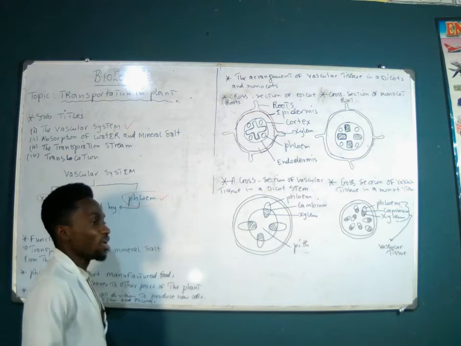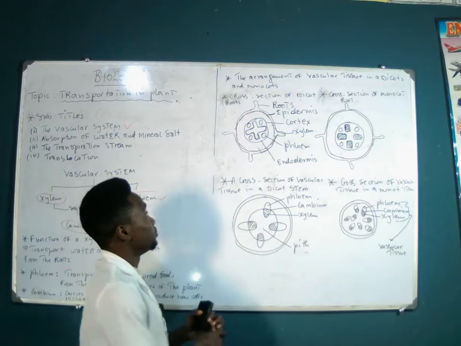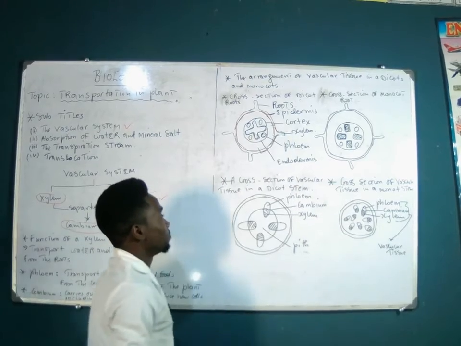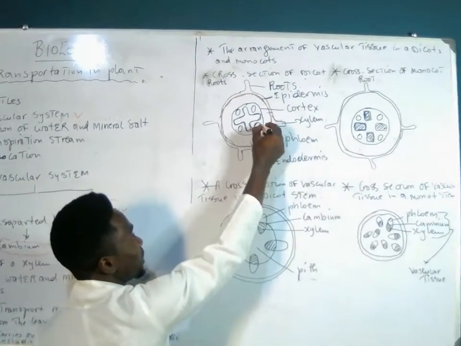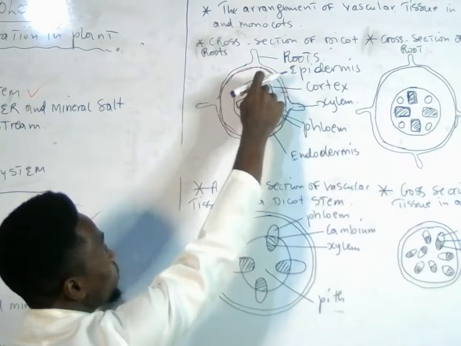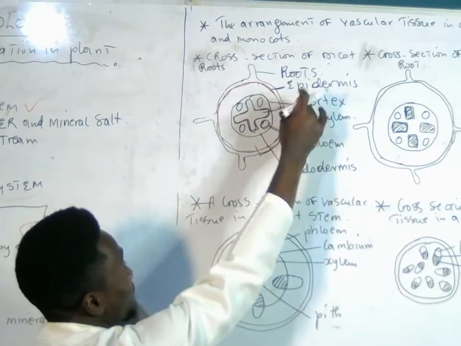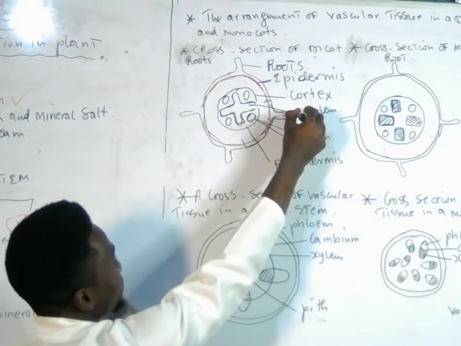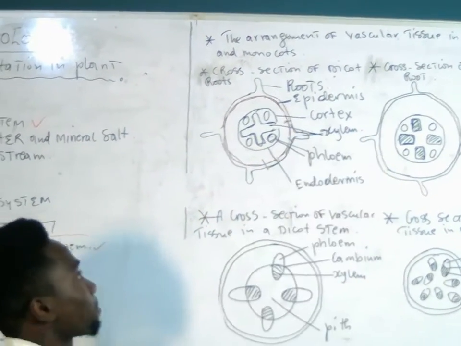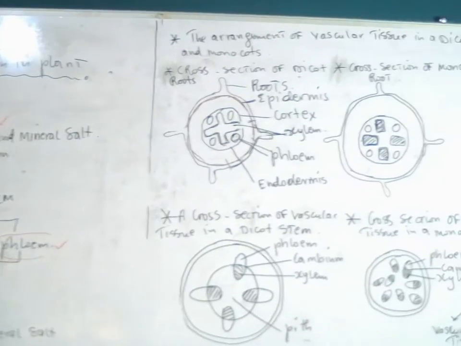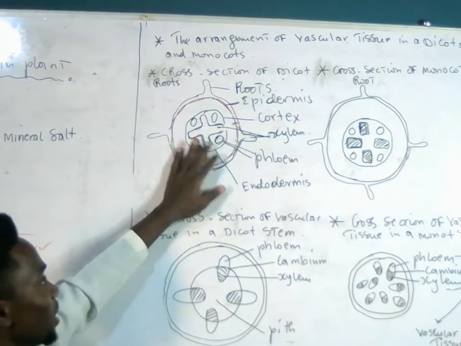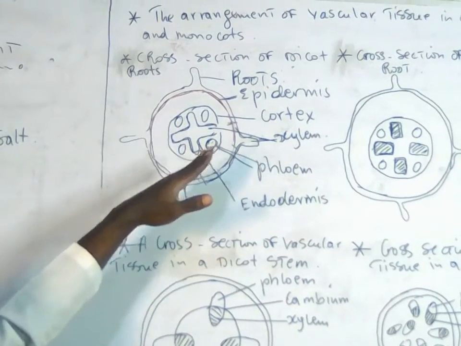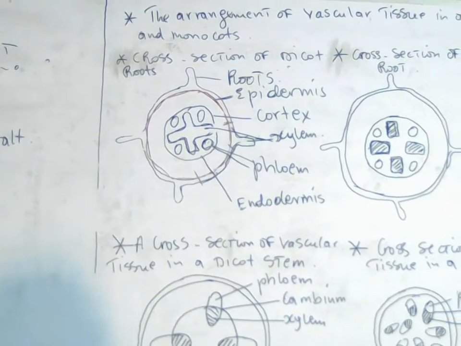Then the phloem is between the arms of the xylem. So this is our phloem, and this one is our xylem. Then we have our endodermis here, and we have our root hair and also the epidermis.